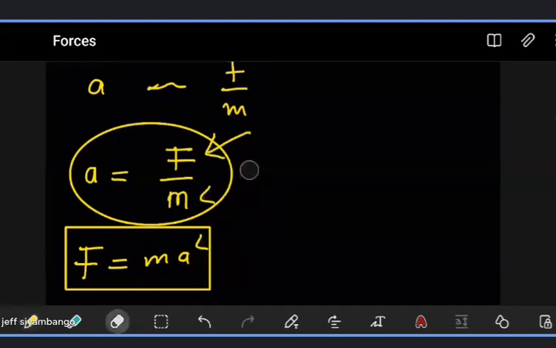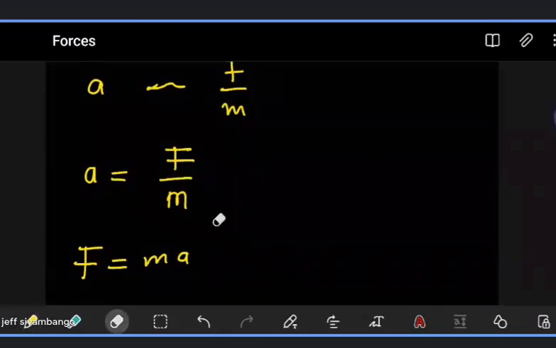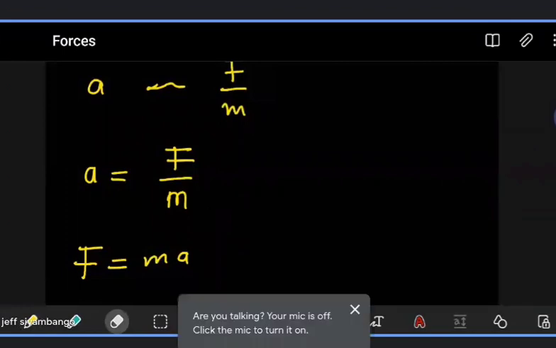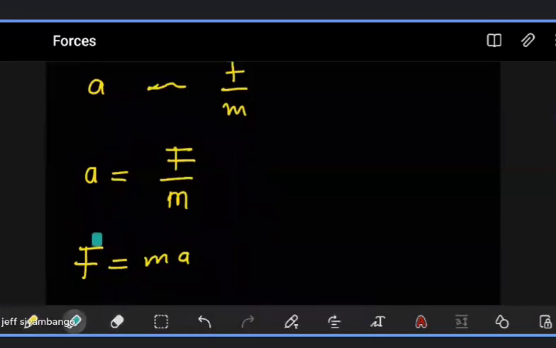So with that in mind, this equation is the expression that we'll be using over and over in this discussion. So just look out for that, you guys. Understand what it implies. Note that the force in this expression is actually a net force, not just one force.